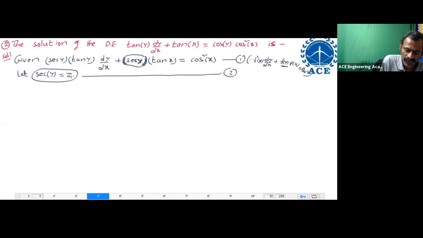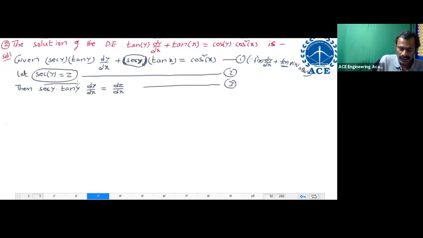For this, we differentiate both sides with respect to x. Then secant y tan y dy by dx equals dz by dx. We substitute these two in the given equation.